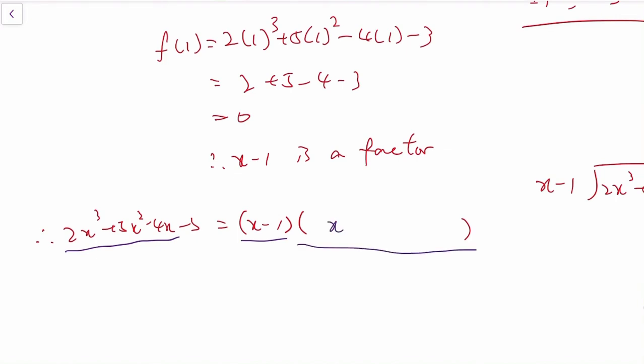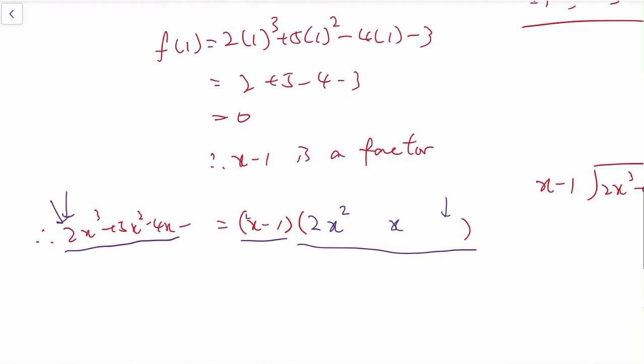So it would have x squared, probably x, and then a number at the end. It shouldn't be too hard to guess the coefficient of x squared, because no matter what that number is, you need to multiply it by the x term to create the x to the power of 3 term. That means there's no choice but to have a 2 here, because that's the only way you can have 2x cubed.